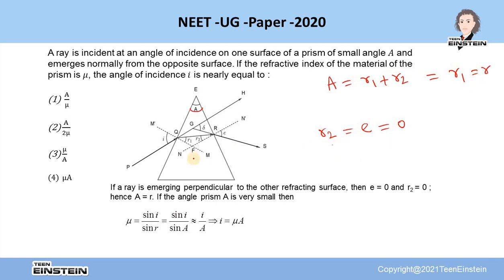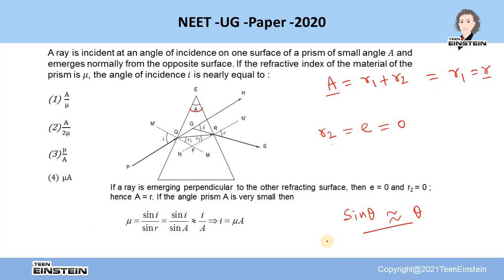Now if we apply law of refraction at this interface, first interface, then we can write mu is equal to sine I by sine R, and since R is equal to A, I can write sine R as sine A. Now this angle of prism is very small angle, then this angle of incidence also will be very small, and we know for small angle theta we can write sine theta nearly equal to theta.